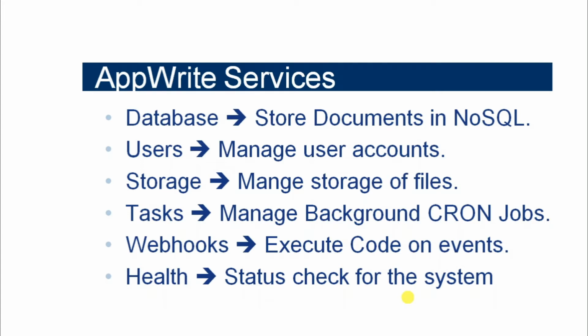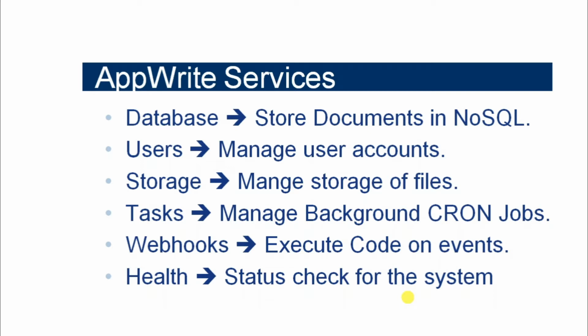Webhooks. Webhooks provide a way to invoke code at a particular event. That event could be a user account created, a user account updated, or a document in the database created, updated or deleted. So all those CRUD events for accounts, users and storage can be linked with webhooks.